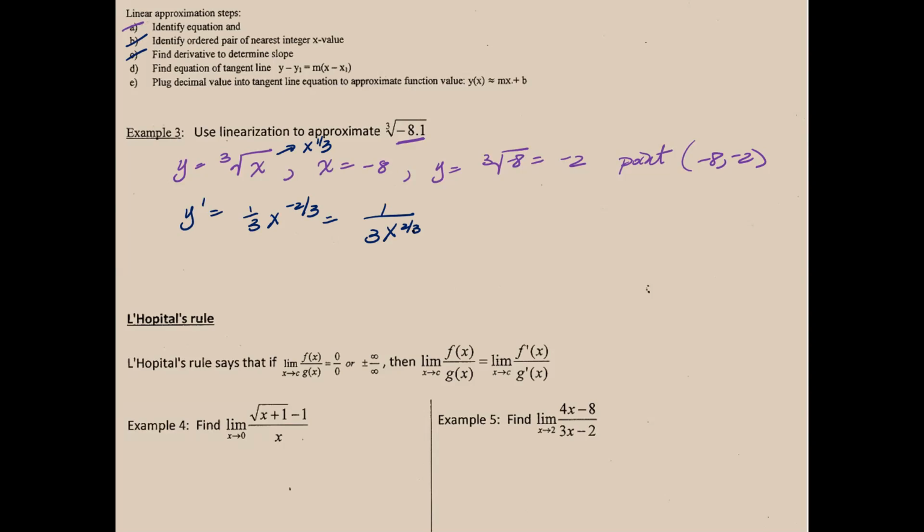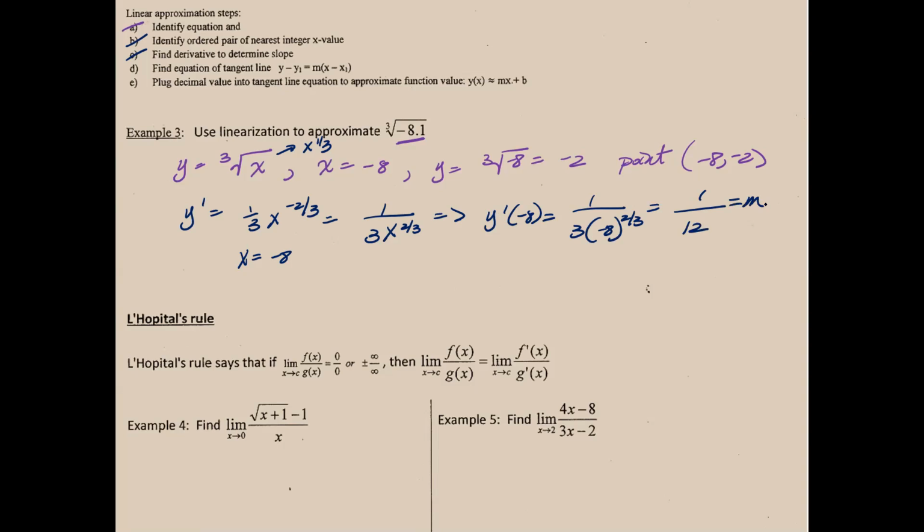And then once I have this, I need to go ahead and find the slope. To find the slope of this, I would need to plug in when x equals negative 8. So y prime of negative 8 is equal to 1/3 times negative 8 to the 2/3 power, which is then going to give me a slope of 1/12.